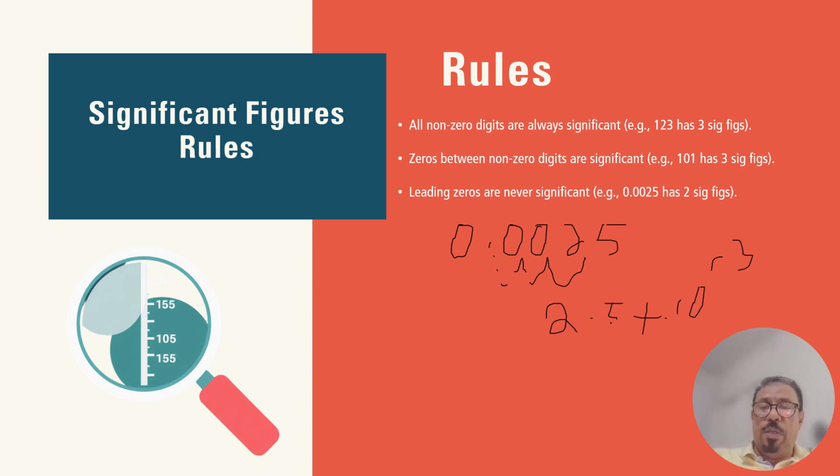Look here, these are two sig figs. The powers of 10 we never count when we count significant figures. So these are two examples. Leading zeros are not significant. This is the third rule.